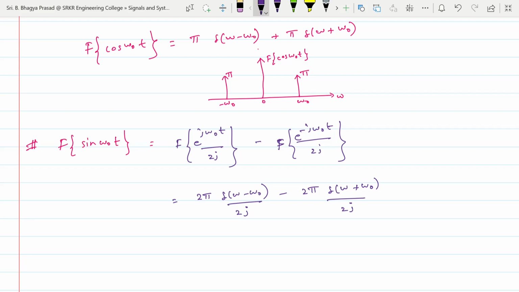The 2 will cancel out, and if you move the j from the denominator to the numerator, you can write it as minus pi j delta of omega minus omega naught plus pi j delta of omega plus omega naught, the Fourier transform of sine omega naught t.